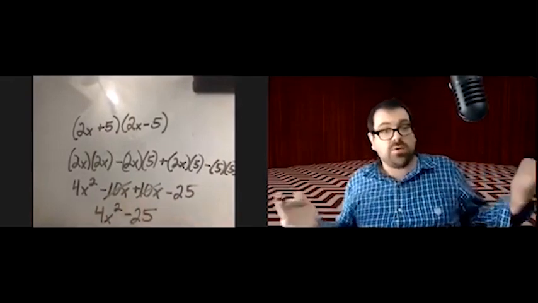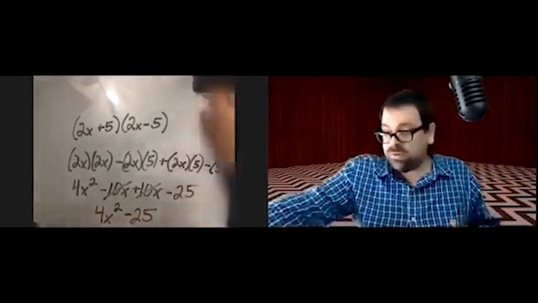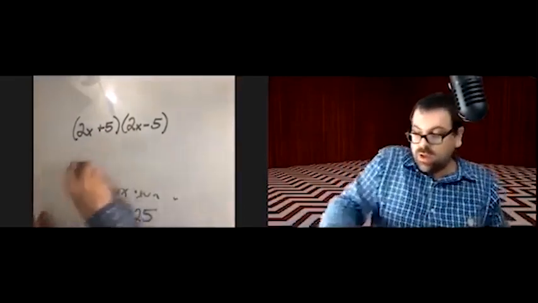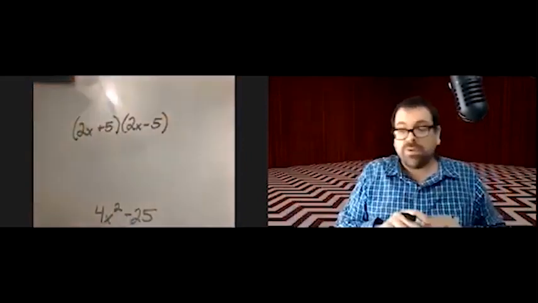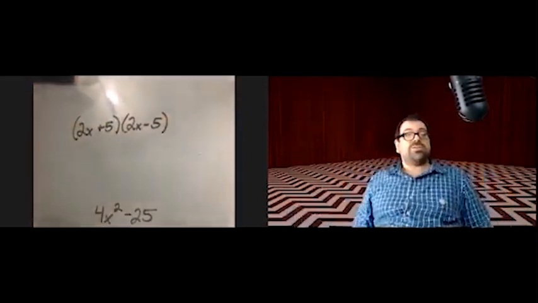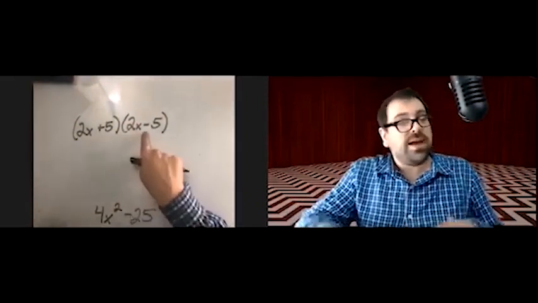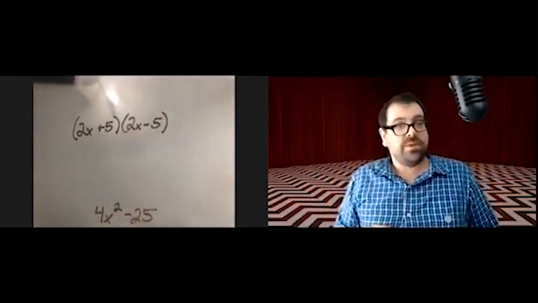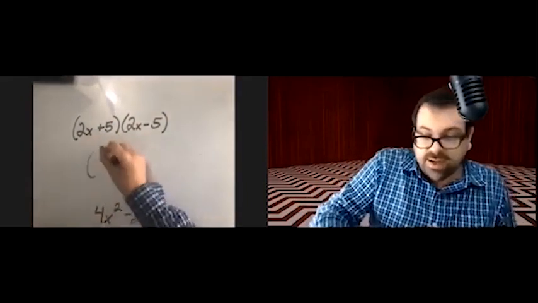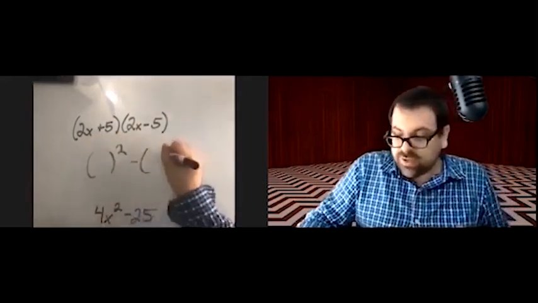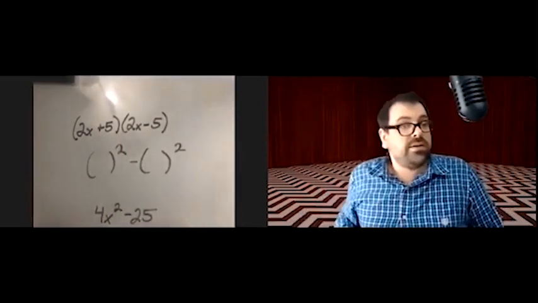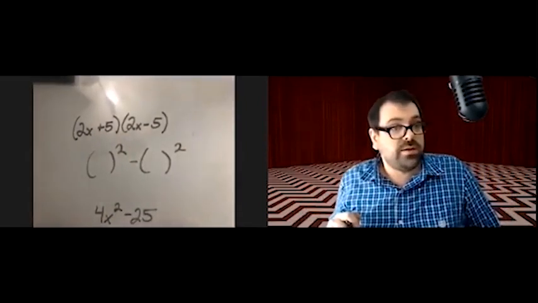So we can do it the long way. No issue. Or we can notice we have conjugates. Two binomials, one with plus, one with minus, everything else the same. We can then set up a difference of squares right away by the formula.